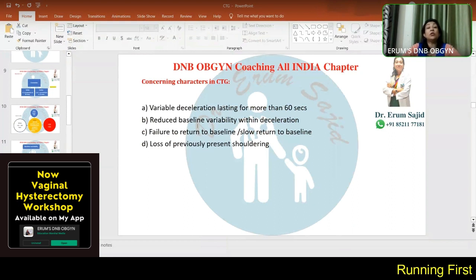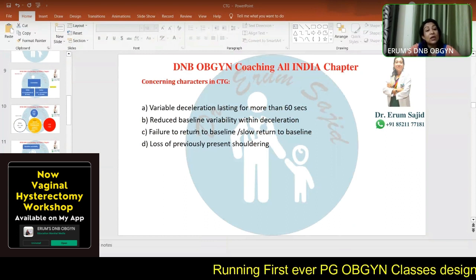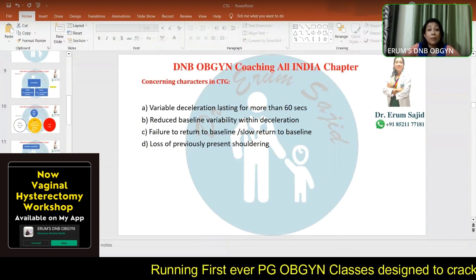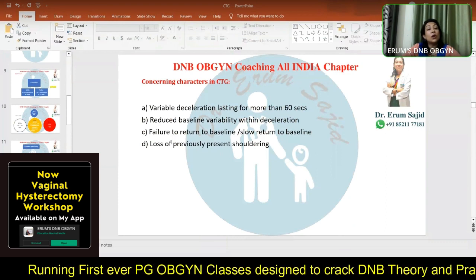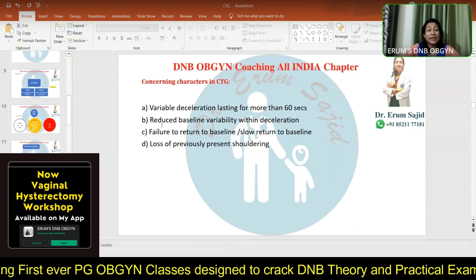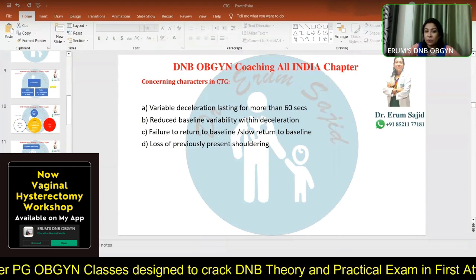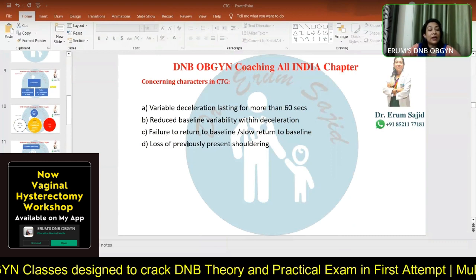So reduced beat to beat variability with every deceleration. Or the other concerning characteristic is failure to return back to the baseline. That's another very important feature, that it has not returned to the baseline, or there is a slow return to the baseline. This is also very categorical.